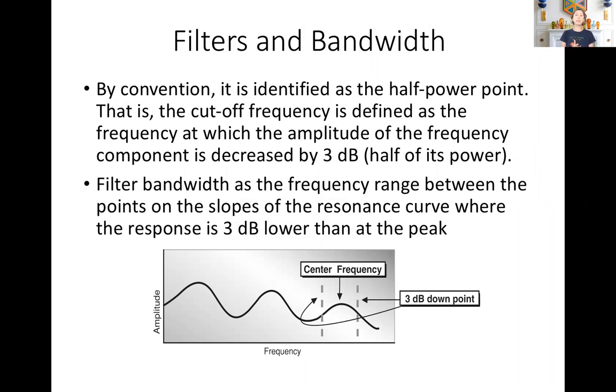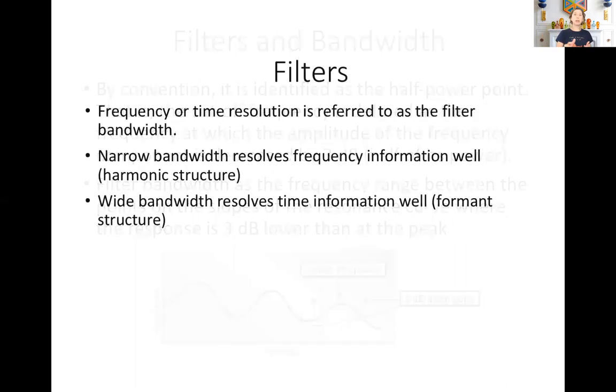This is the frequency at which the amplitude of the frequency component is decreased by 3 dB, 3 decibels, which is half of its power. So a filter bandwidth is the frequency range between the points on the slopes of a resonance curve where the response is 3 dB lower than that of the peak. That is really what's going to dictate that filter bandwidth.